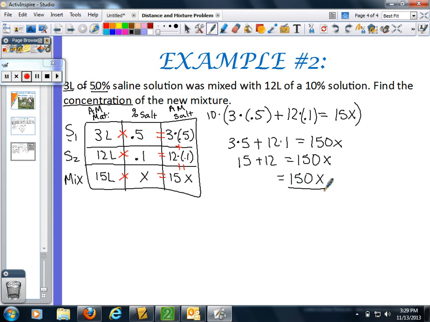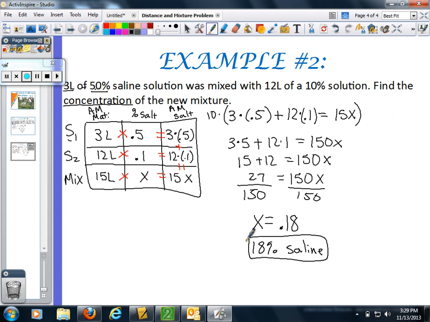So I would divide by 150, and I'll get 27 over 150, which means that x equals, my fault, 27 divided by 150, which is 0.18. And as a percentage, that means that the new concentration will have 18% saline. There we go. That makes more sense.